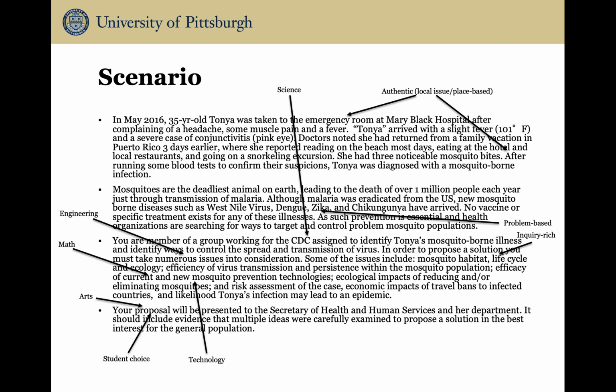The students engineered different types of traps in their maker spaces to think about ways they could reduce the populations of mosquitoes. And then in terms of the authentic assessment, again, this was a proposal to be presented, and this is something that would really be done if the CDC was trying to control this population. They would want to educate the public, and they would also want to write a proposal about this work.